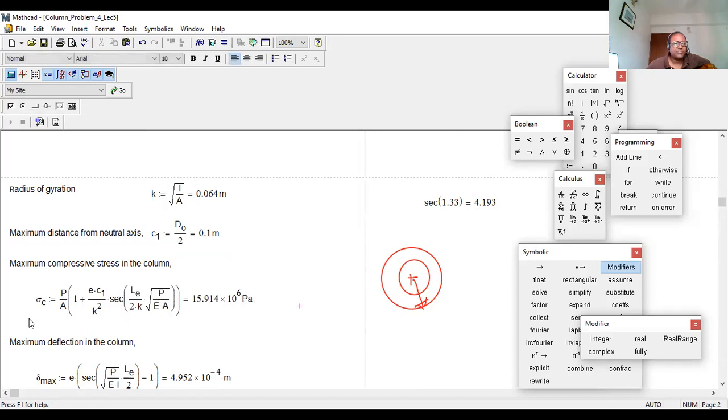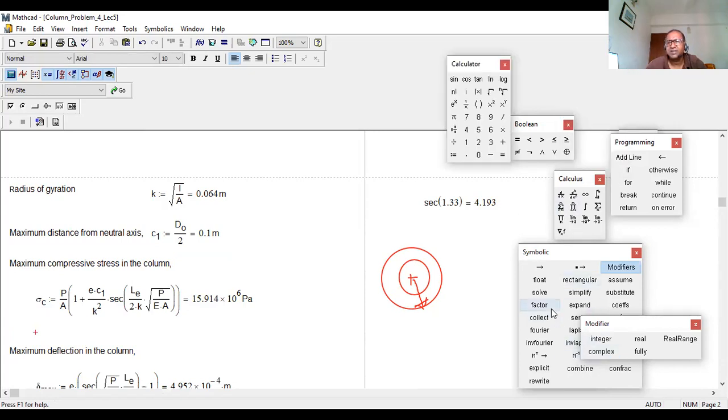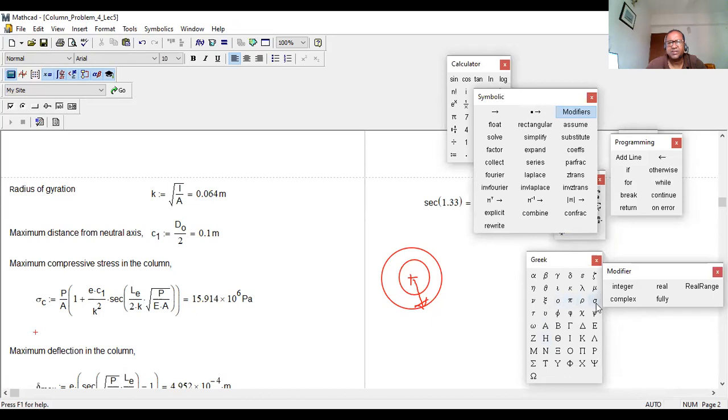Then you can convert, you can say sigma C, I convert in megapascal. Okay, it converts in Pascal.